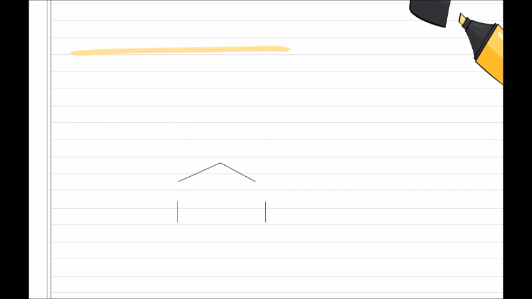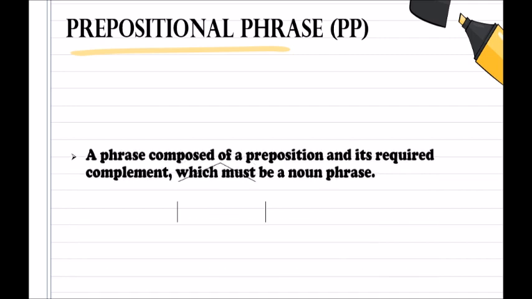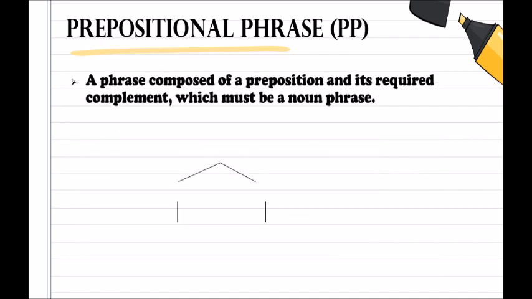Next is the prepositional phrase. A phrase composed of a preposition and its required complement, which must be a noun phrase. Since a noun phrase can be the complement of a prepositional phrase.